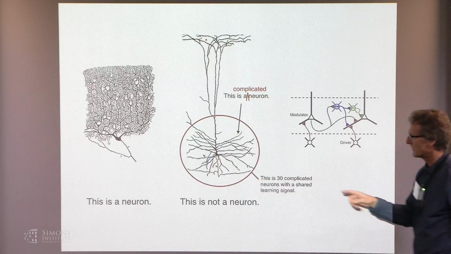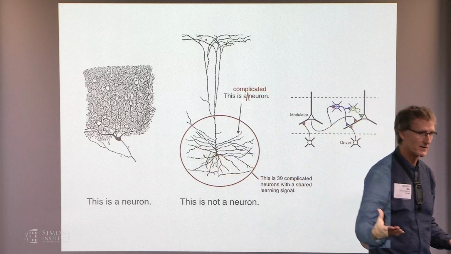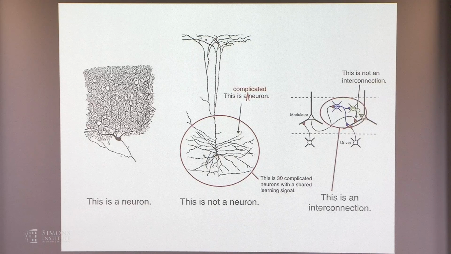So it's different to group a dendrite together into this neuron versus the next neuron over, which gets a different signal. And this is not an interconnection. It's a synapse. That's an interconnection. When you think about the functional interconnections between neurons, the notion that it's just an excitatory or inhibitory weight is overly simple.